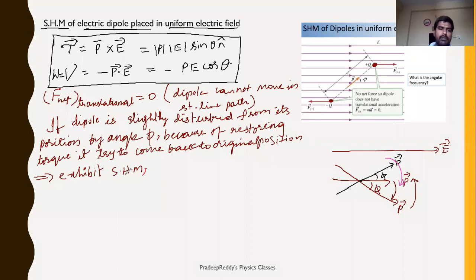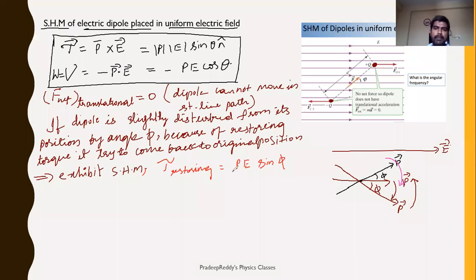Now I want to find the equation for the time period of this simple harmonic motion. As we know, the restoring torque τ acting on the dipole is pE sin θ, where θ is the angle of the dipole with the uniform electric field.